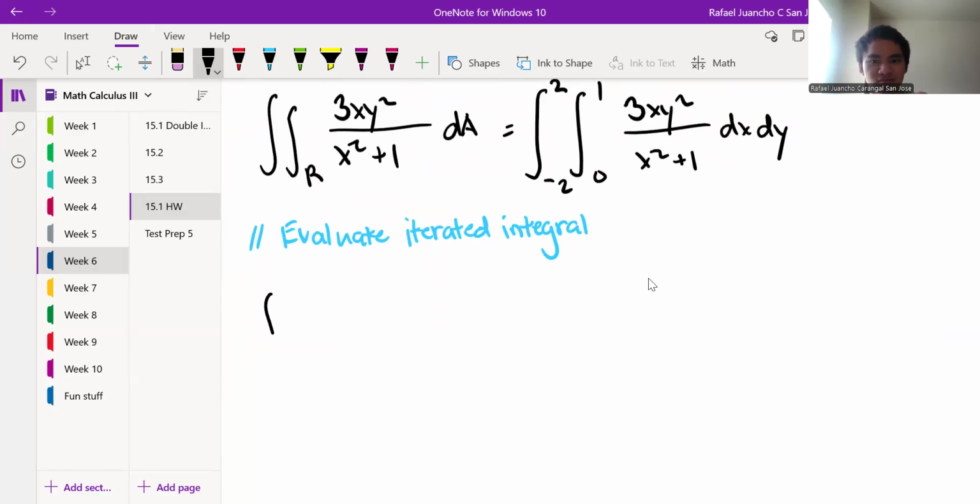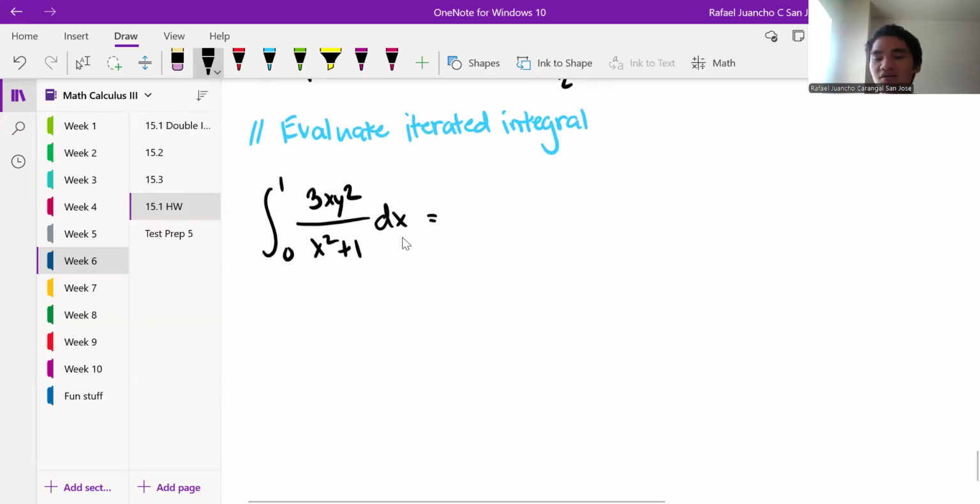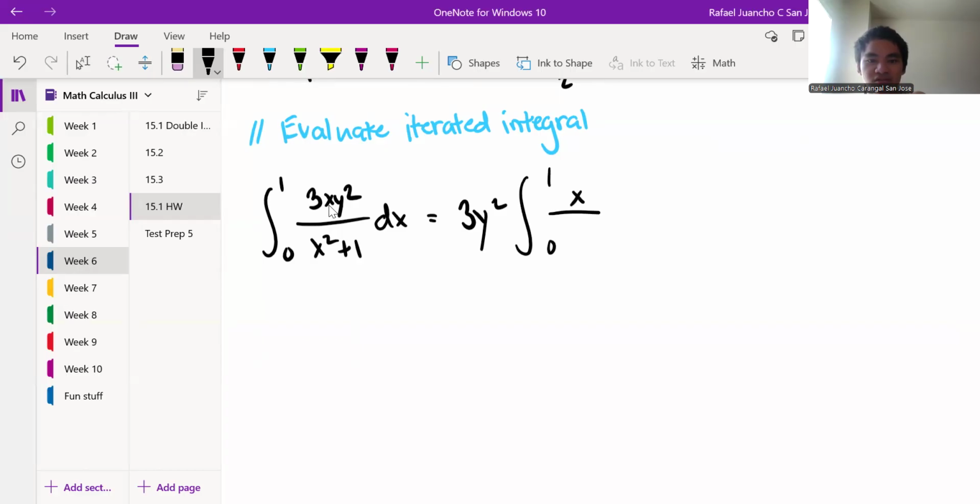So here we have this thing. What is this? Here we treat x as a variable and y as some constant. So this is going to be, let's take out the things that we don't need, over x here.